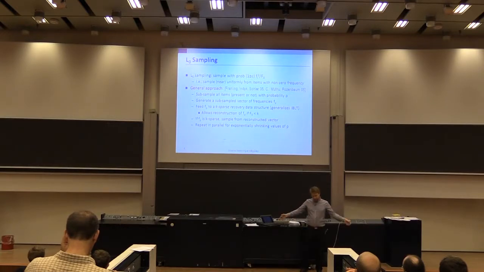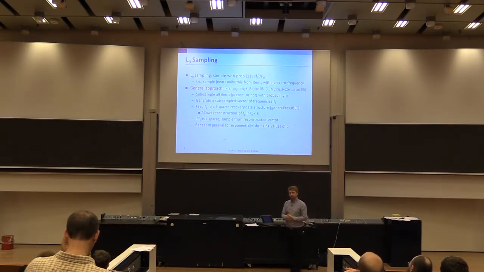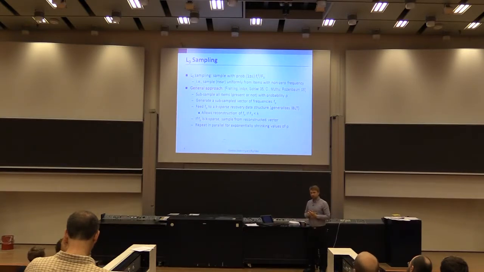If I have a very large number of elements remaining at the end, I want to put those through a filter. So I would randomly select, using a hash function to be consistent, a subset of those elements to go into something like an invertible Bloom lookup table, recover a small set, and again sample from those.